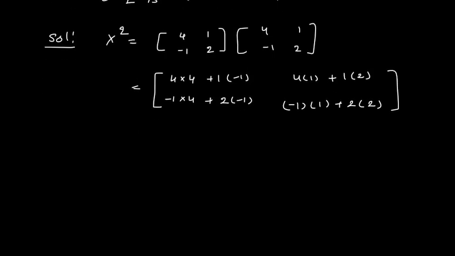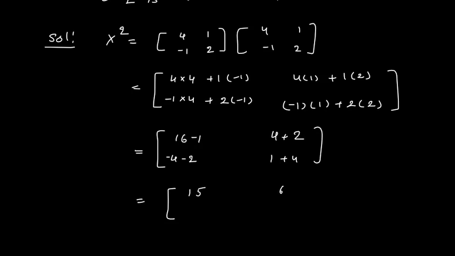So my X square will be 4 into 4, 16, minus 1. This is 4 plus 2. This is minus 4 minus 2, and this is 1 plus 4. Okay. So what we got? We got 15, 6, minus 6, 5. This is X square.